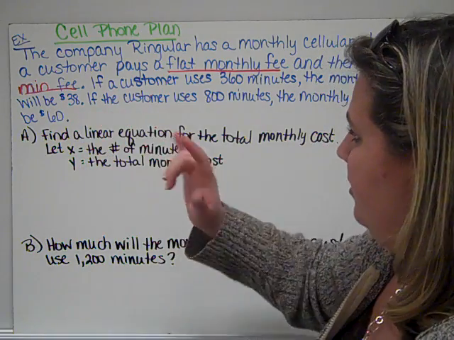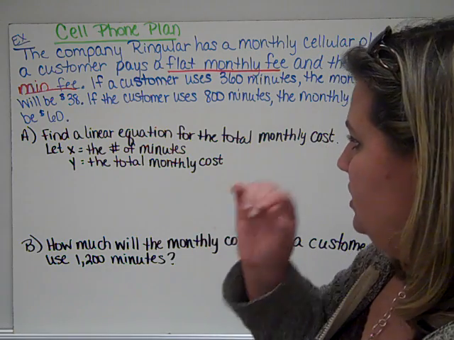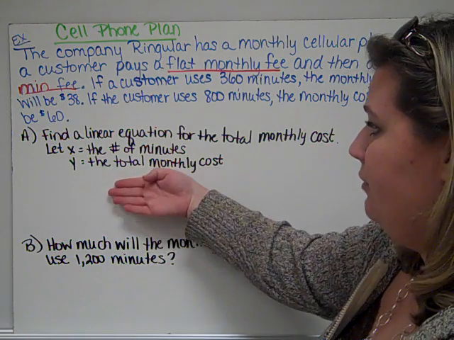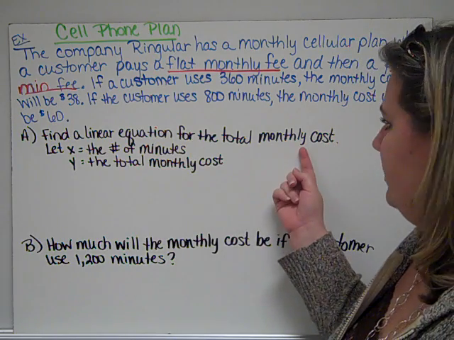So you can see now that we have a cost and we have minutes. So that's the two relationships we're looking at, and I set that up here in part A for you. Find a linear equation for the total monthly cost.